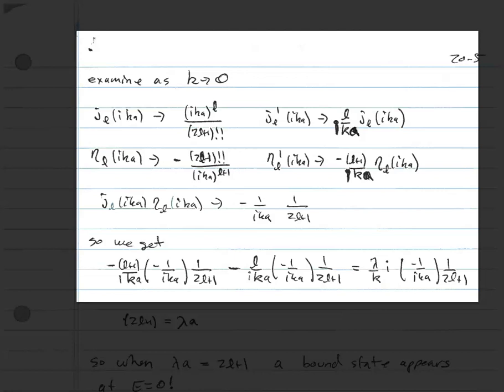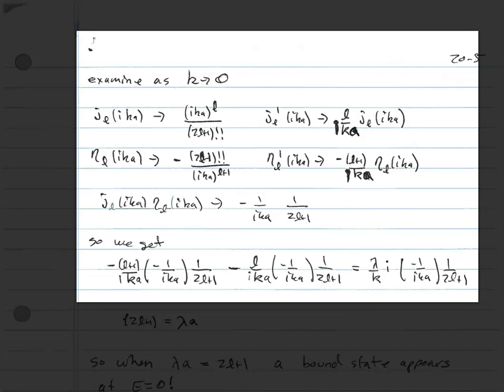The j_l squared term is really small because it's a very high power of κa. So it's really just the j_l η_l times an i that comes in. So we'll get λ over κ times an i times that same factor, minus 1 over iκa times 1 over 2l plus 1. So you actually see that factor of minus 1 over iκa, 1 over 2l plus 1 appears in every term, so we can just cross that out.